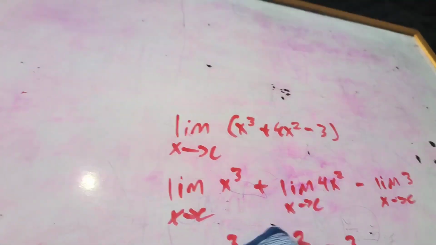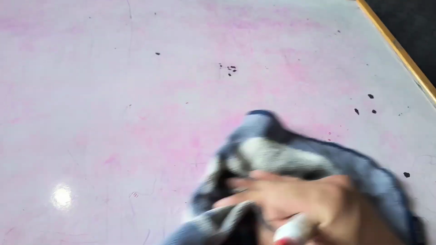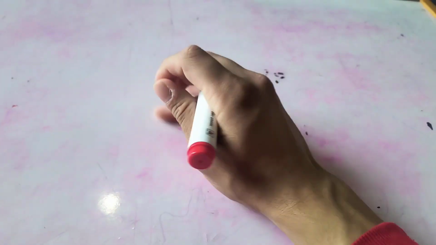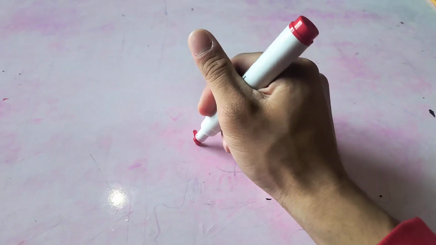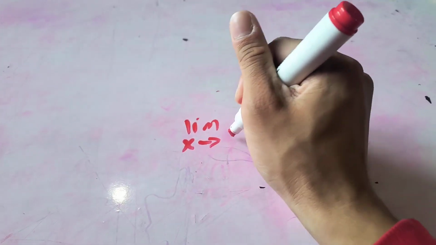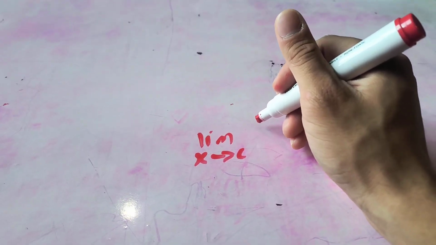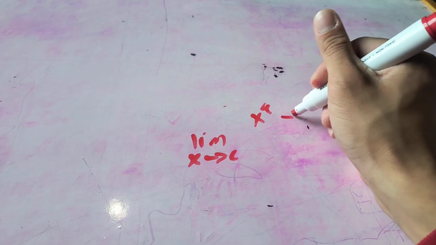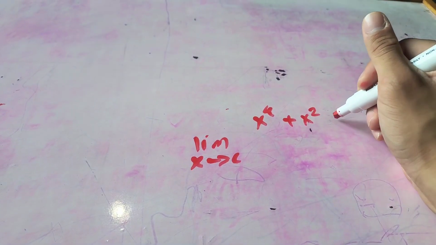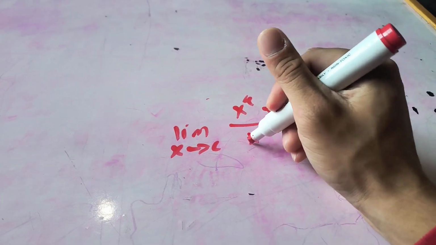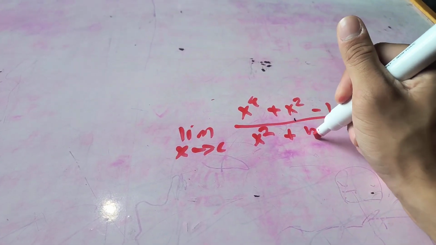Okay, but what about the limit of a function that's a fraction? It looks like this. The limit as x approaches c of the function x to the power of 4 plus x to the power of 2 minus 1 over x to the power of 2 plus 5.